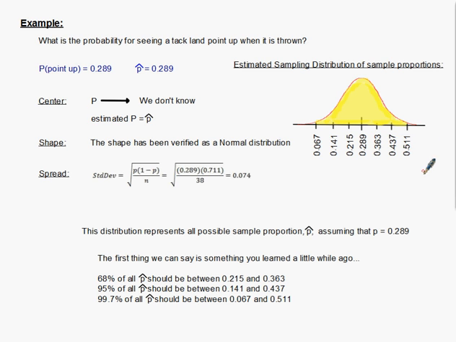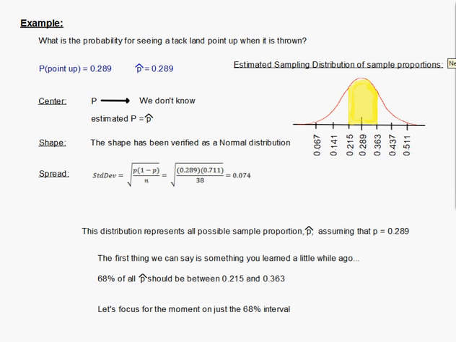To talk about the confidence interval concept, we're going to focus on just the 68% interval for the time being. We're going to actually represent the 68% interval a little bit differently.